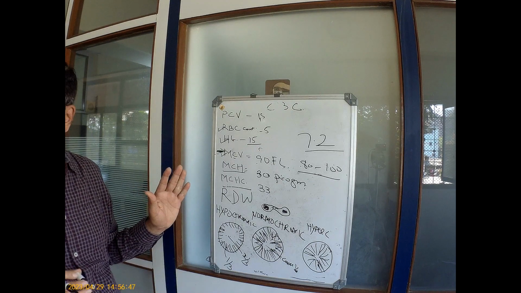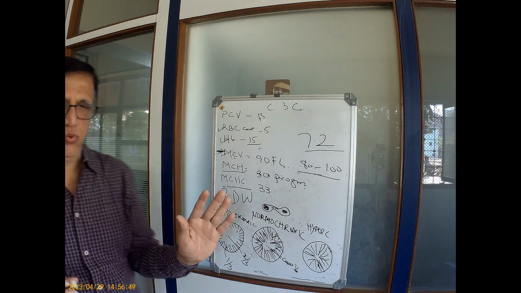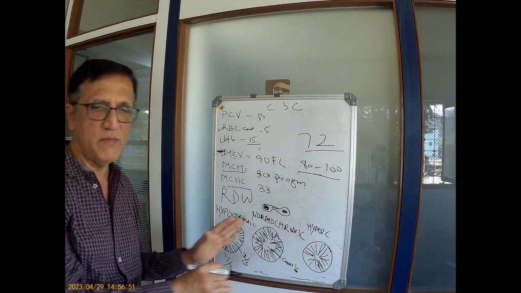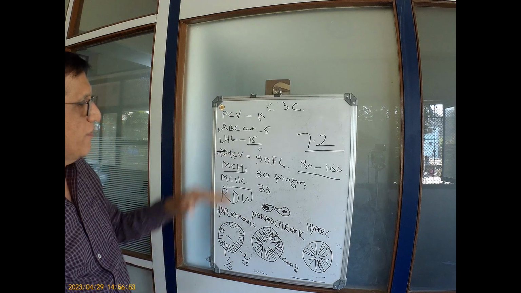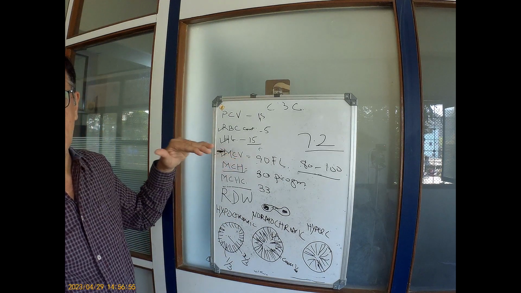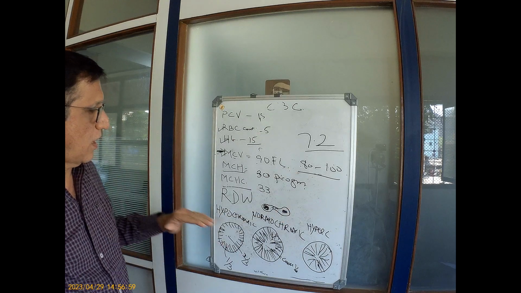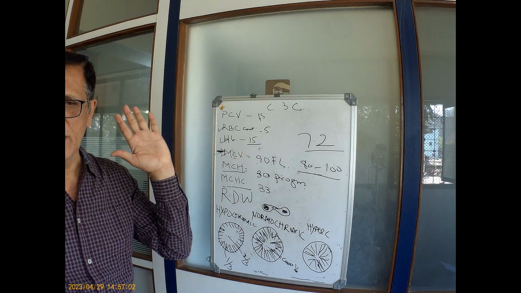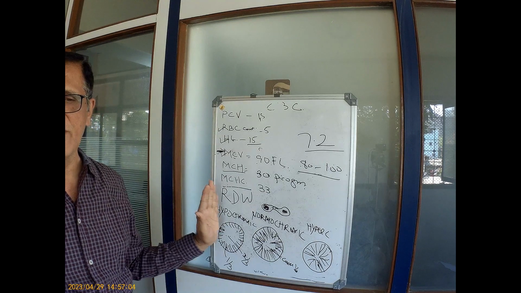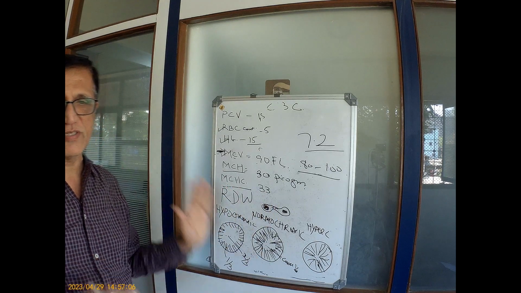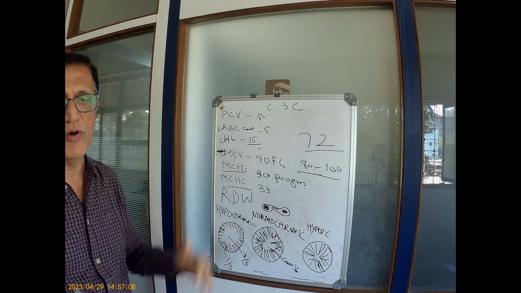Clear? Okay. So for the remaining part of the lecture, we will be talking only of microcytic, normocytic, macrocytic, hypochromic, normochromic, hyperchromic. This is the terminology we will be seeing when we look at the reports, and we will try to describe them and come to some conclusion about the diagnosis.